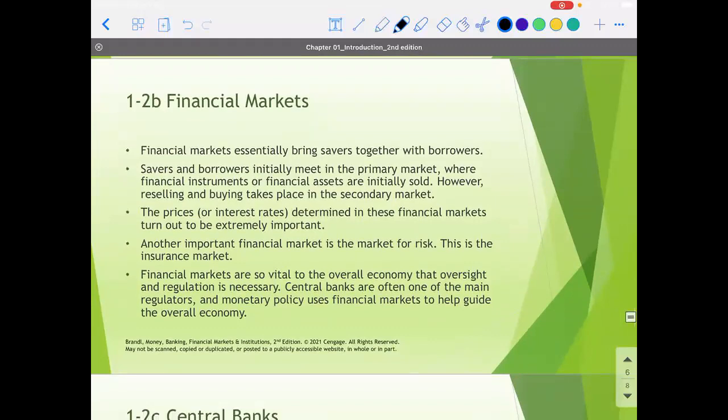Now, what a financial market does, the purpose that it serves, is that it brings borrowers and savers together. And obviously, by being that matchmaker, you collect a commission on bringing those two people together. So it can either occur in the primary market, where you bring the people together for the very first time, or in the secondary market when you resell those bonds or those offerings that you originally had.